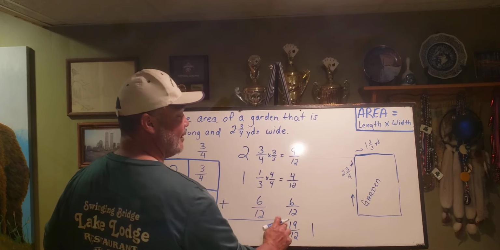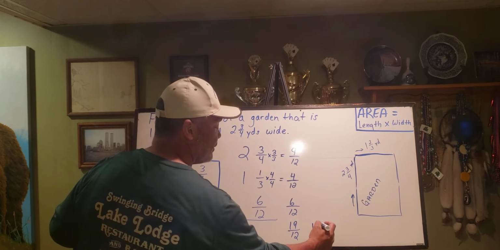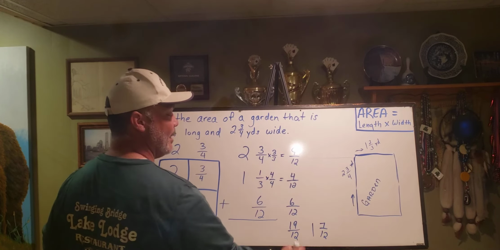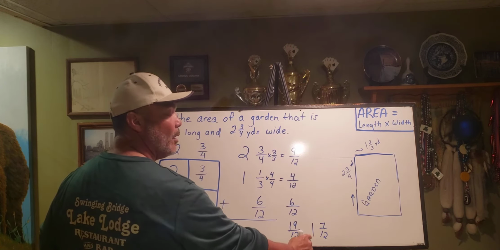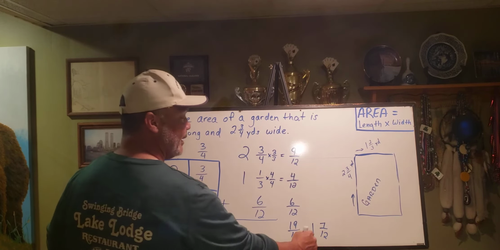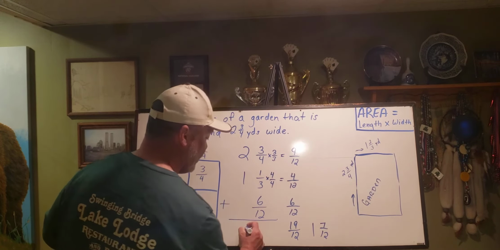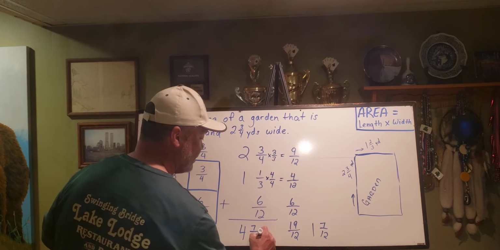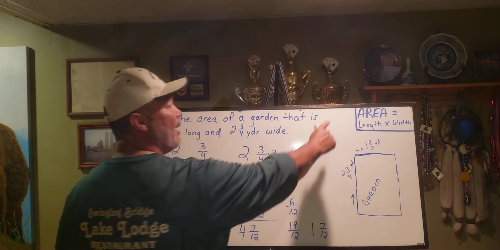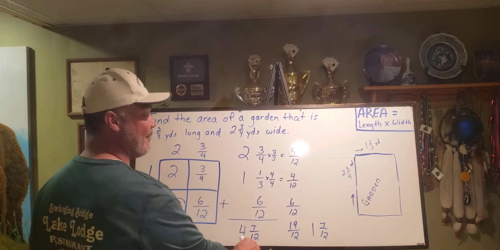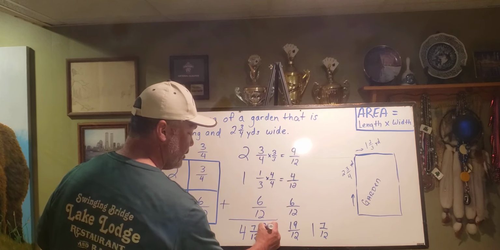And then 19 minus 12 would be 7/12 left over. So I have these fractions equaling 1 7/12. 2 plus 1 equals 3. So I'm going to add it here, and I'm going to get an answer of 4 7/12. Now, because I multiplied 2 numbers, it's going to be 4 7/12 squared.